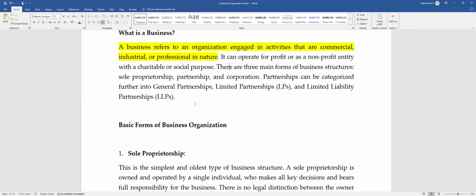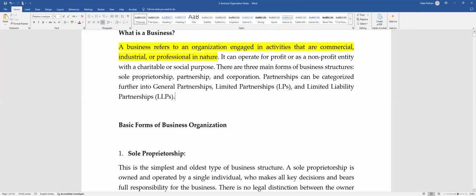That is what helps in choosing it: if someone wants to do charity, most people set up a trust and incorporate, right? So that's why. There are three main forms of business structure, as we saw: sole proprietorship, partnership, and corporation.